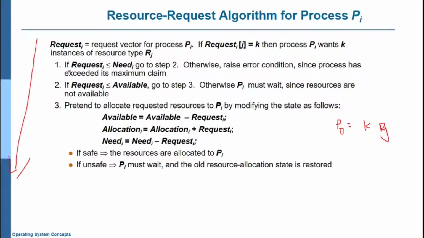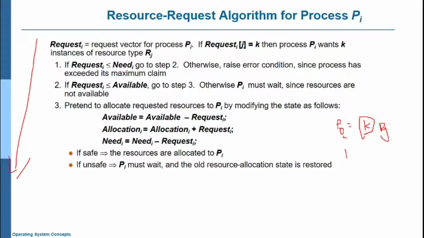If Request i is less than or equal to Need i, whatever is requested by the process, k instances of resource type Rj, then go to step 2. Otherwise, raise an error condition, since the process has exceeded its maximum claim.